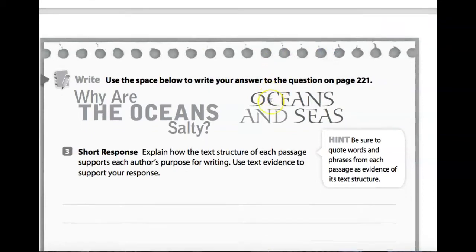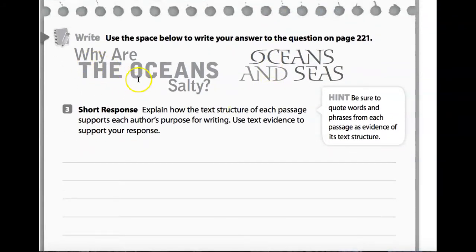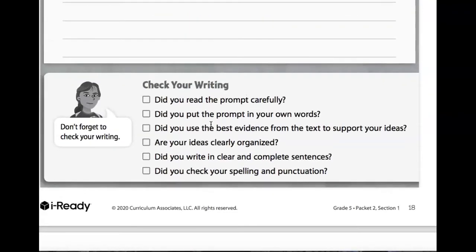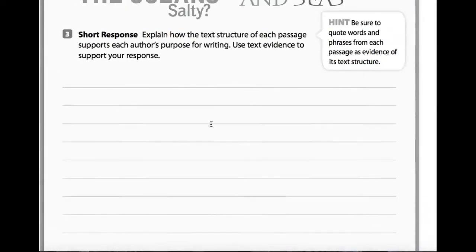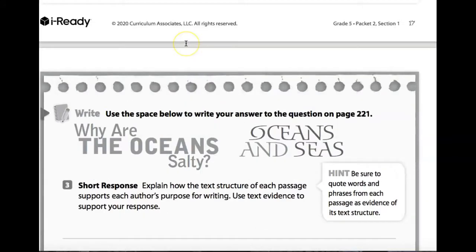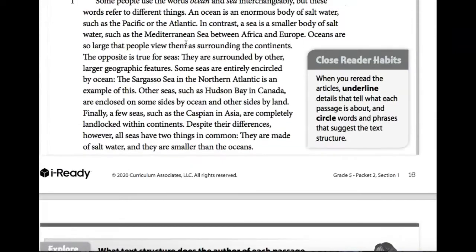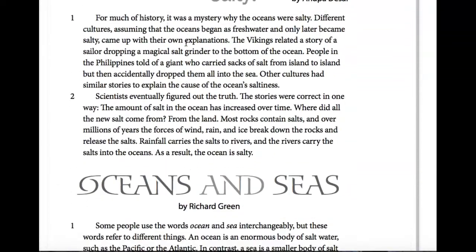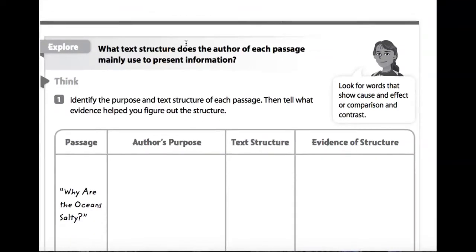Okay. So this says use the space below to write your answer to the question. I'm not sure where they're getting page 221 unless they took this out of something else. So we are not going to worry about 221. We're going to go to page 16. Let's see.